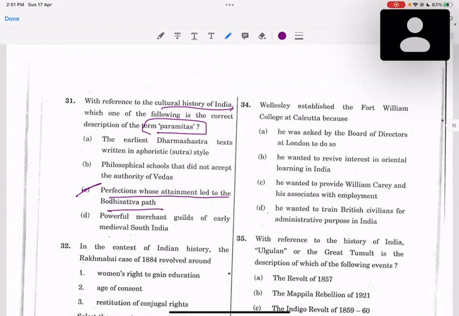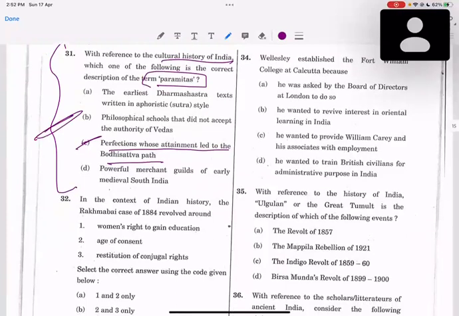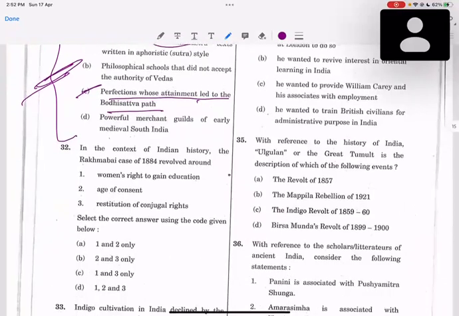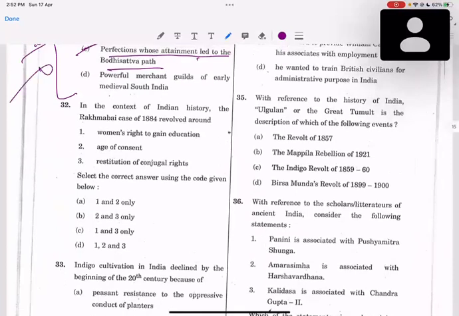People are pursuing PhDs on them, so how can you expect that we would be aware of every piece of information on these? Just stick to your basic sources, and if a question comes from those sources regarding Buddhism or Jainism, then attempt it, otherwise leave it. But now that this question has been asked, this is your knowledge gain, so that in future, if you come across the term paramitas, you are well aware of it. So this question has to be left.